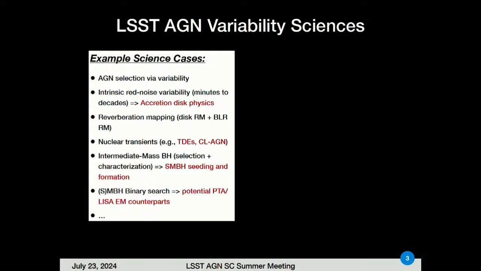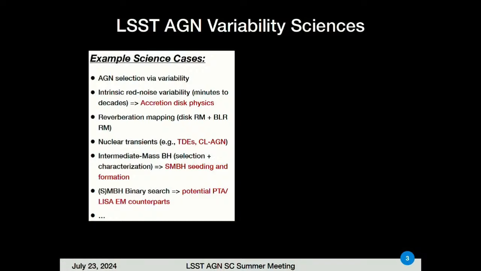Reverberation mapping is red noise variability plus some kind of lags, and nuclear transients, red noise variability plus some characteristic explosions, for example, right? That doesn't have to be specifically correct. And intermediate mass black hole selection is really probing the shorter break time scale. Also supermassive black hole binaries, you add a period into the red noise variability.